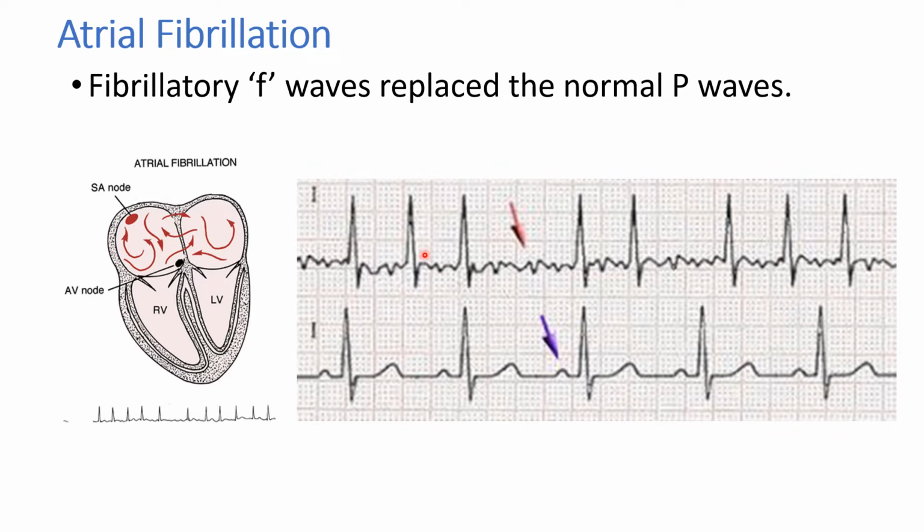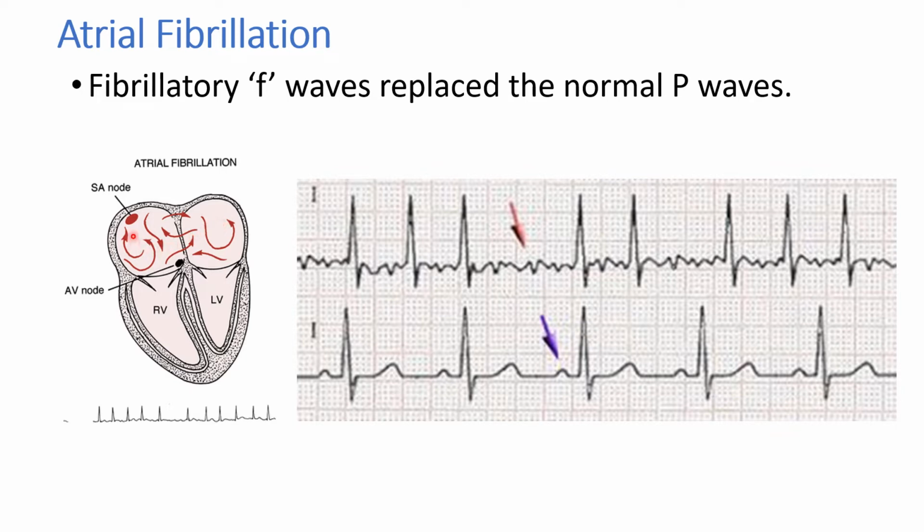Atrial fibrillation. Here the sinus P wave is replaced by fibrillatory waves. Atrial fibrillation is caused by disorganized electrical activity of the atria. Impulses are generated by multiple sites in the atria, leading to irregular heart rhythm.